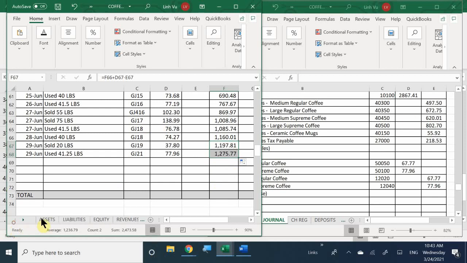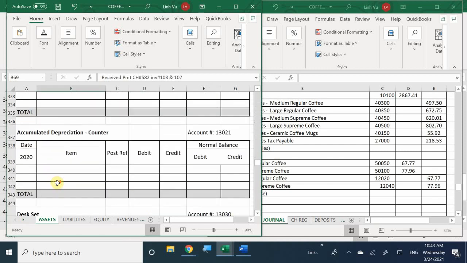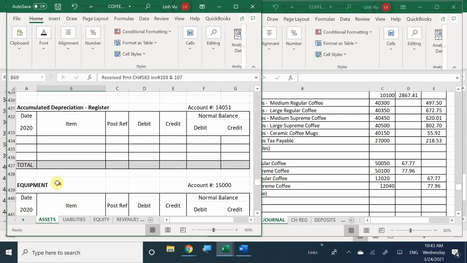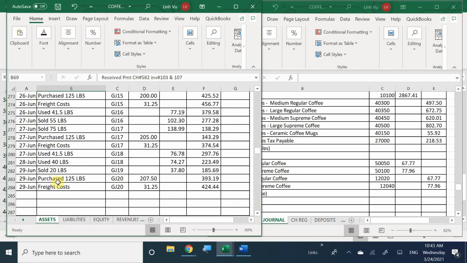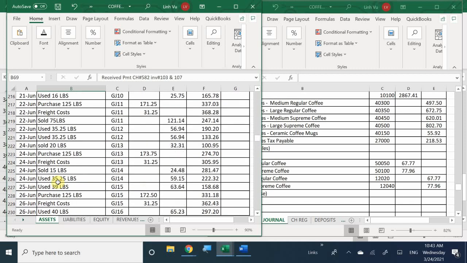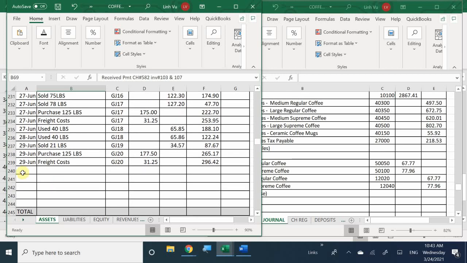So let's go to our assets. Here we are. This is checking. Oh, no, wait. Yes, this is checking. So scroll down till we reach our regular coffee. Okay, I must have scrolled down too far. Here we are. Regular coffee. $6.29.